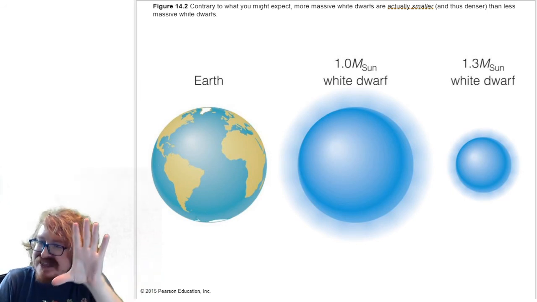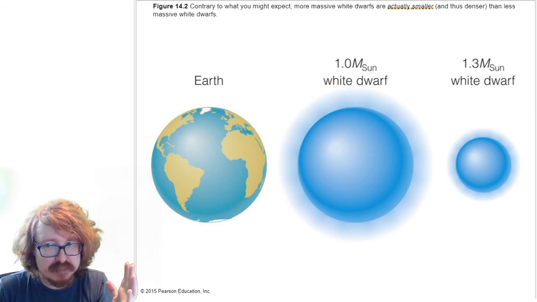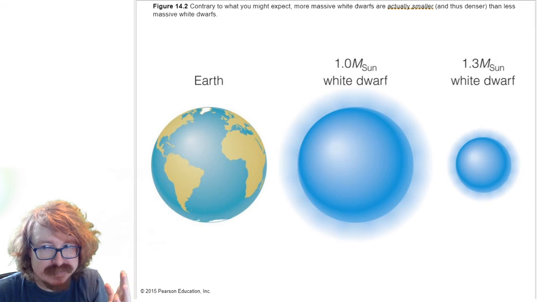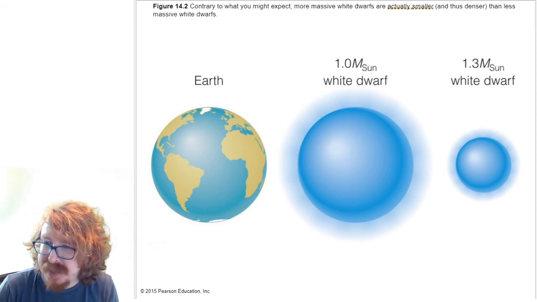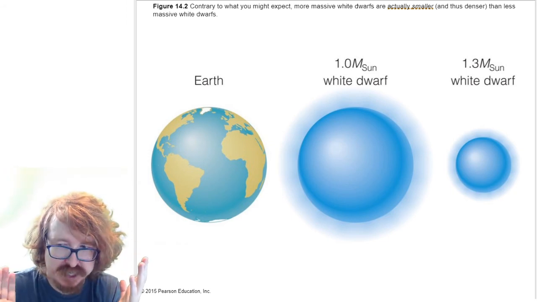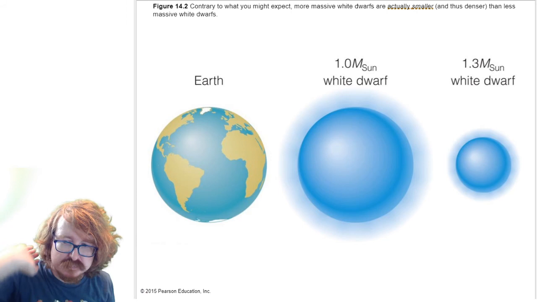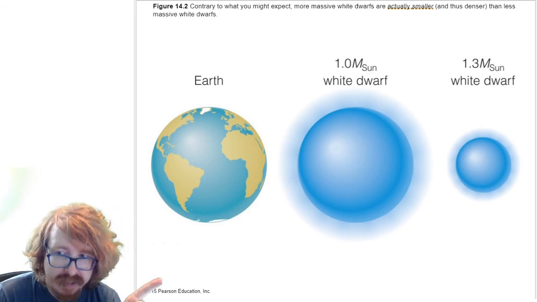Now, when the sun dies and has its planetary nebula, what's going to happen to most of that mass? What's going to happen to most of the mass of the sun when it dies? We actually were mentioning this towards the beginning of this video. It's going to fly away.